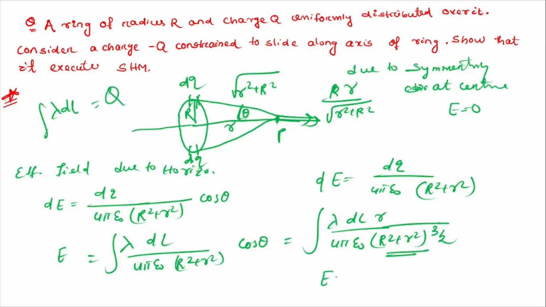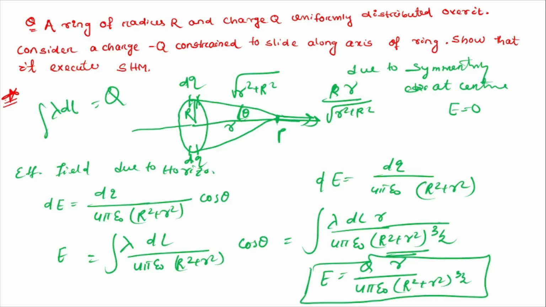So I find the electric field is equal to q over 4 pi epsilon naught r square plus r square to the power 3 by 2 into r. This is the expression for electric field at any point on the axis. And now I have the electric field.